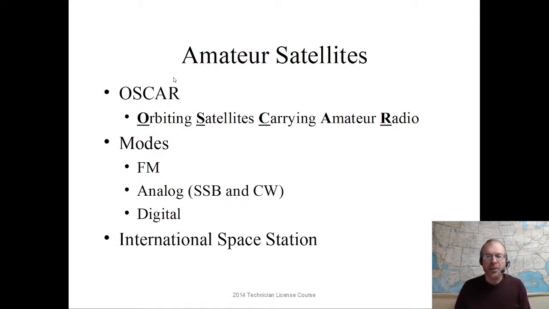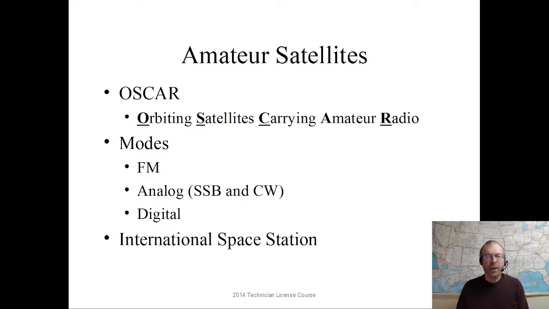Amateur satellites are another way to communicate. Oscar is orbiting satellites carrying amateur radio, and we have a number of satellites up there right now. It's not just the United States either. There are other countries like Saudi Arabia and Japan, and there are a lot of satellites out there with amateur radio capability.